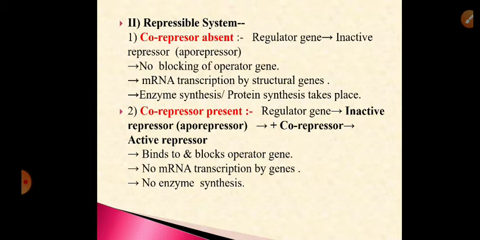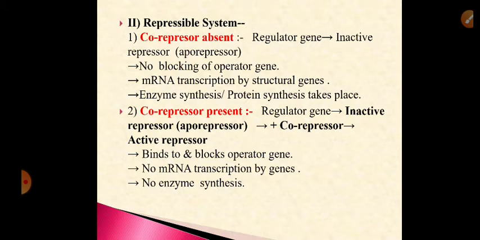If the operator gene is not blocked, RNA polymerase moves ahead. mRNA synthesis of the structural genes takes place, and hence enzyme synthesis also takes place. Inactive repressor cannot bind the operator gene, and hence the operator gene is free, and mRNA transcription and protein synthesis take place. Operon is on, because co-repressor is absent.